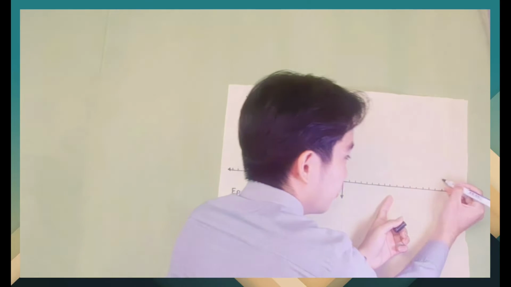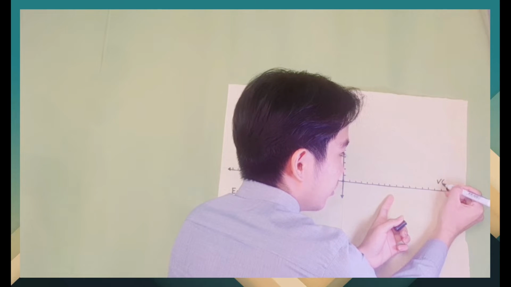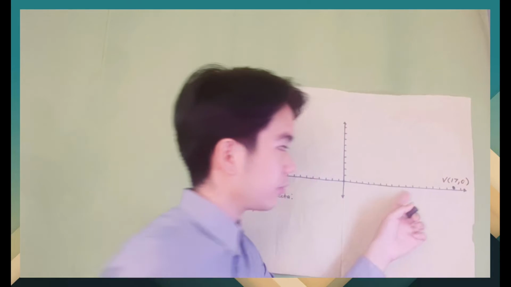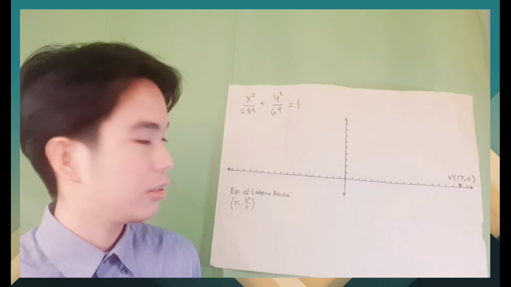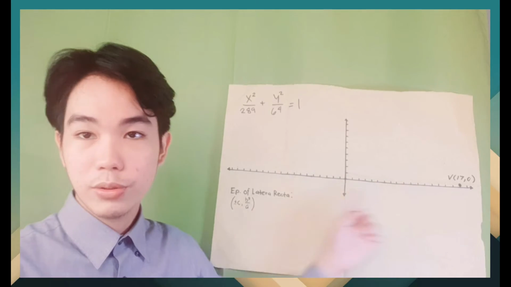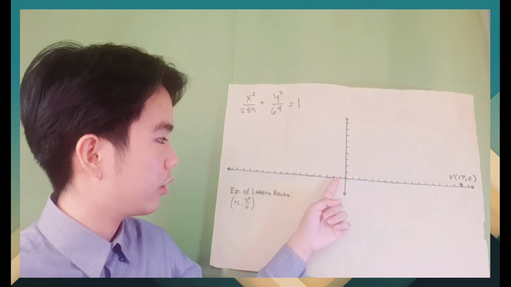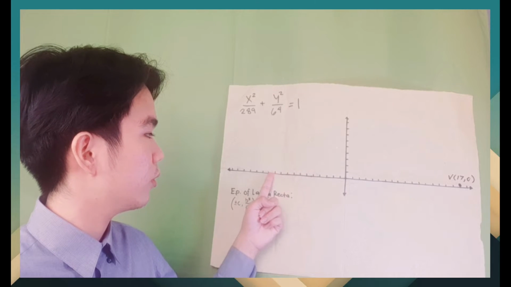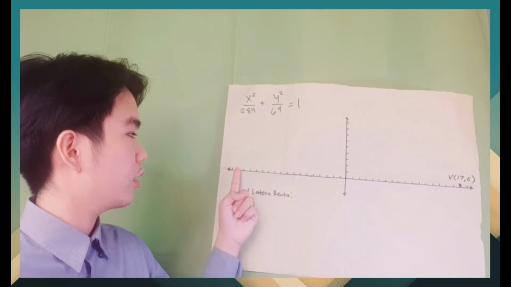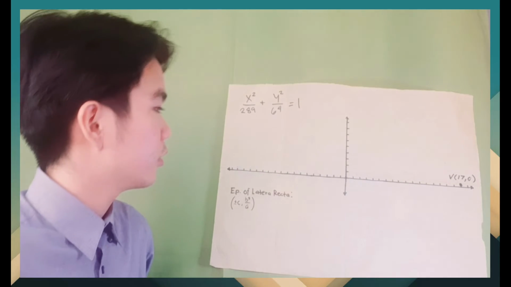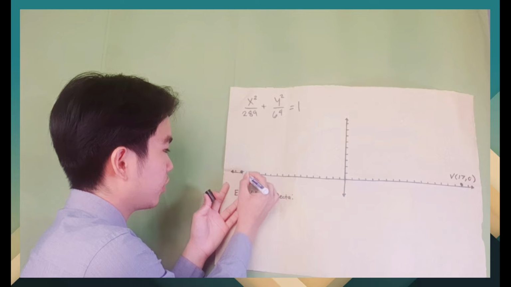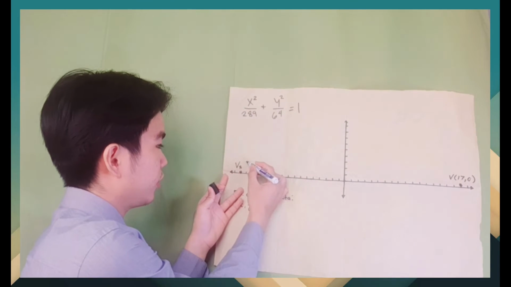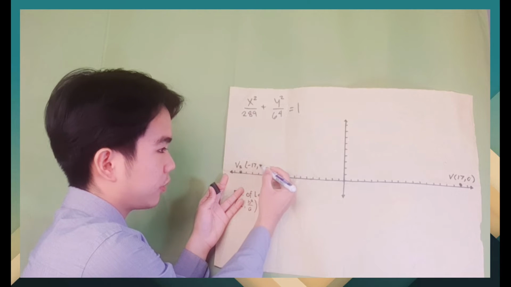So V1 is (17, 0). The other vertex, or V2, is right here. Counting 1 up to 17, the other vertex V2 is (-17, 0).